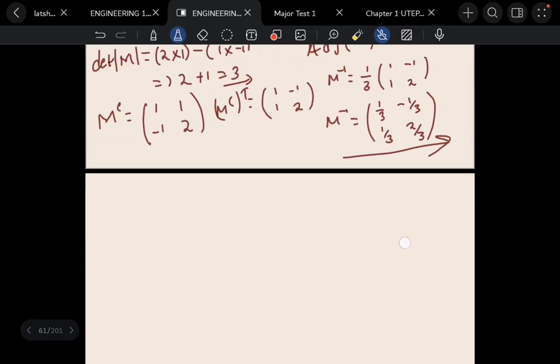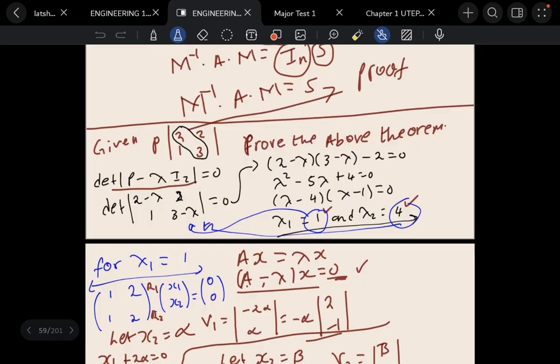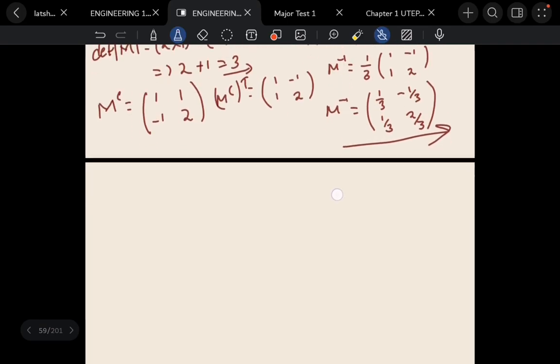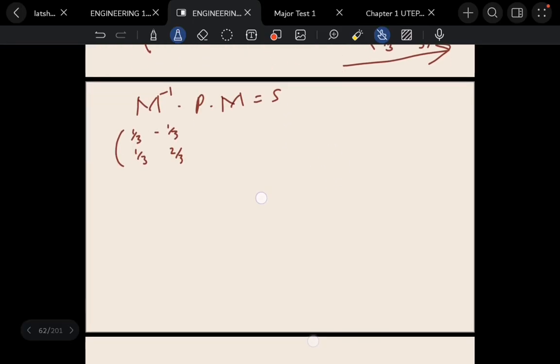So what I'm going to do, I'm just going to follow the formula and prove it. So it's m to the power minus 1 times a. Now in this case, a is p, so I'm going to have m to the power minus 1 times p times m must give you s. So it's 1 over 3, 1 over 3, negative 1 over 3, 2 over 3. I've written it correctly, yes.